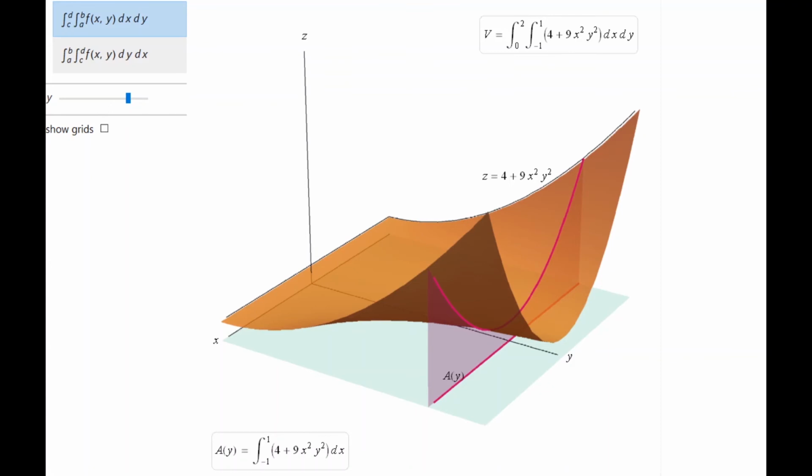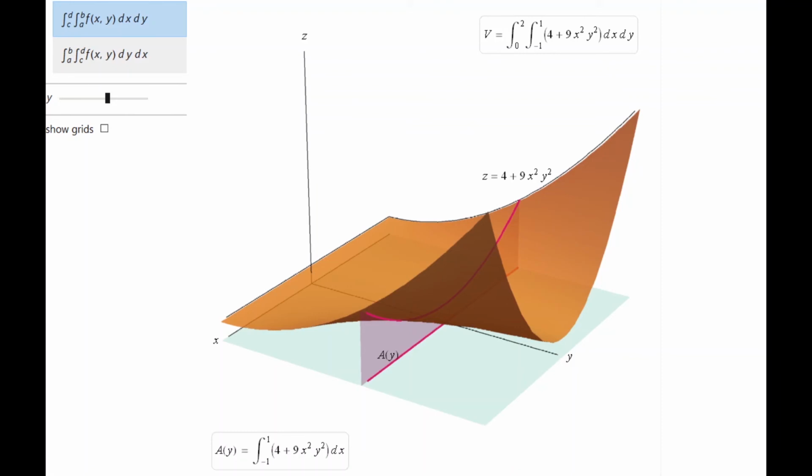You do the integral over x. We could then, of course, vary the y, and we get these different slices, and so we'll take each of these areas, multiply them by dy to make each of these slices a little fatter, so it becomes a volume with width dy, and add up all of these small volumes to get the total volume. That's the idea of the iterated integral.